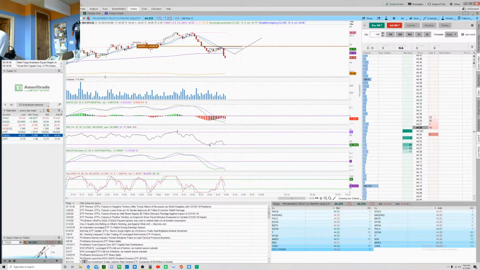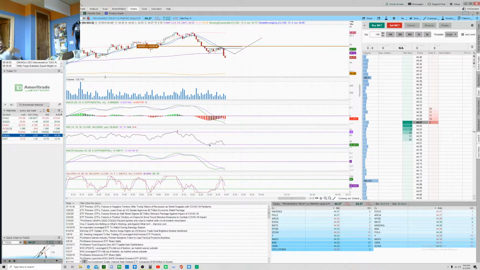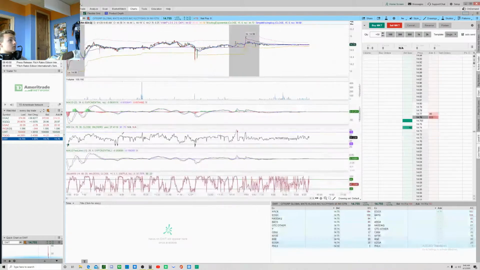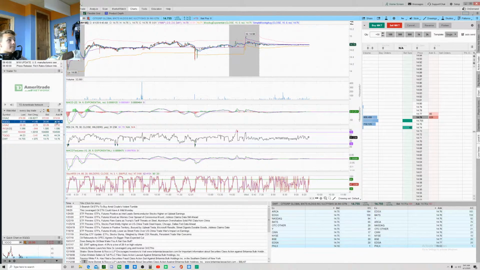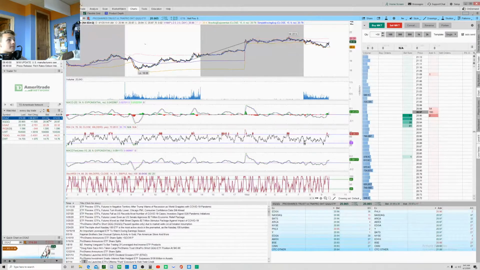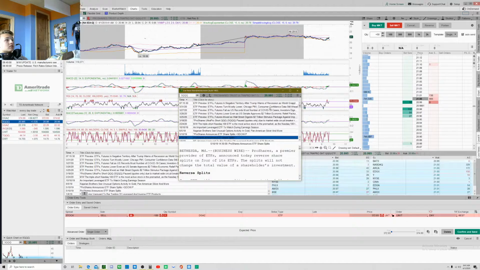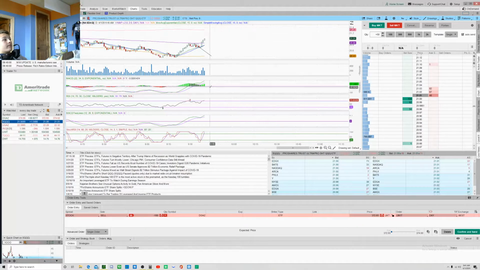Darn it, I should have seen that on the SQQ. I'm just really distracted today. So you can see it's overbought right now.